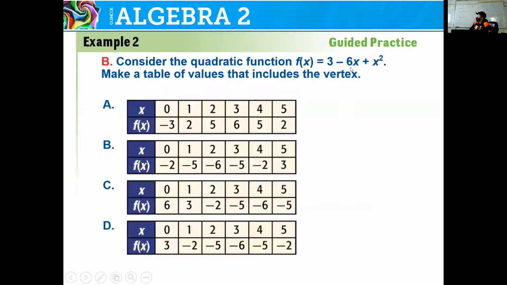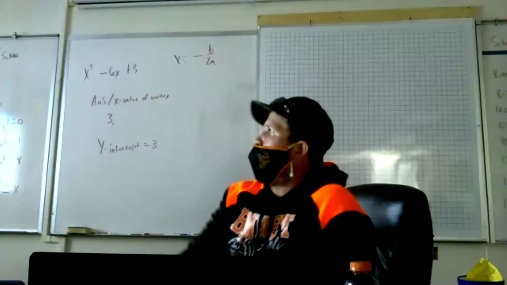Okay, consider the quadratic function. So it's the same one that we just had. So it includes the vertex. So we knew our vertex was at 3. So what we're going to do is build our table.